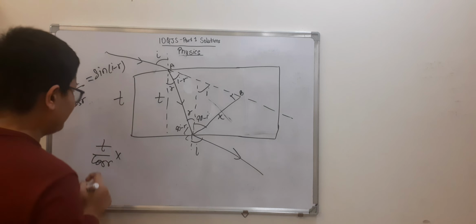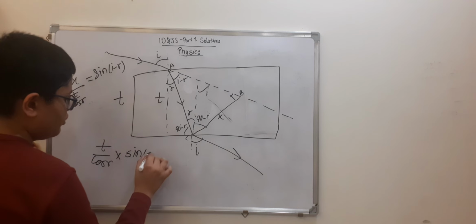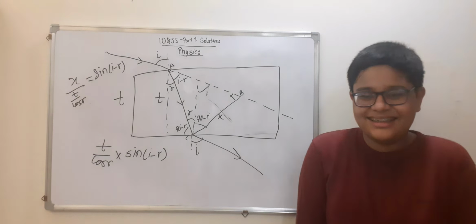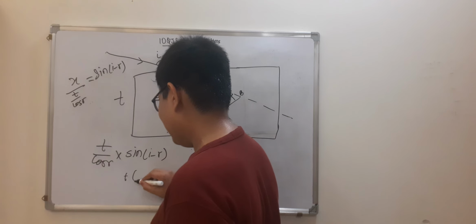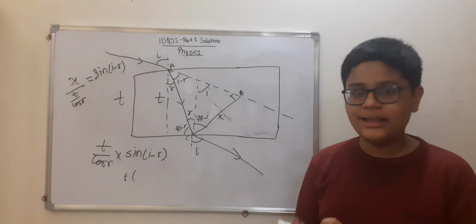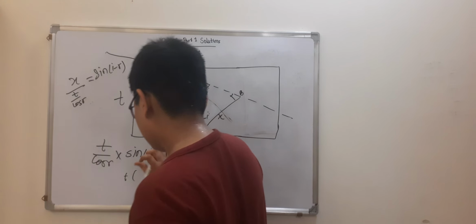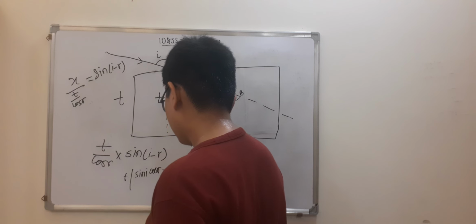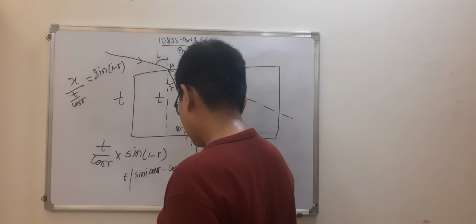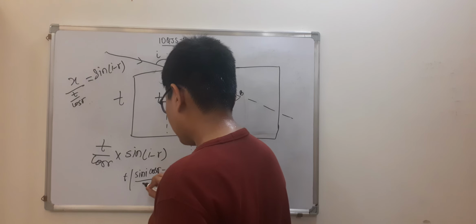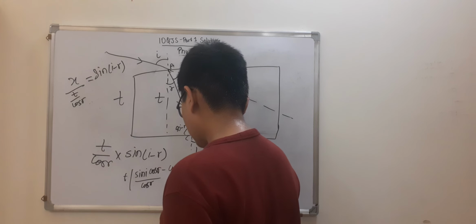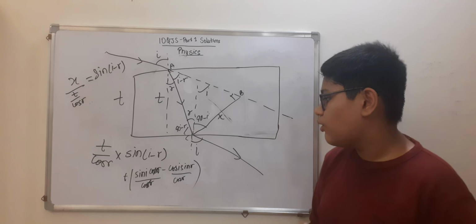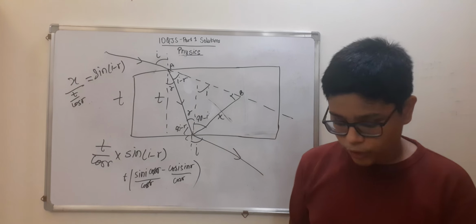This is a really nice question. So X is T sine I minus R by cos R, which is T into sine I cos R minus cos I sine R, the expansion, divided by cos R. You can cancel the cos R, and this is what they had given, T sine I minus cos I sine R by cos R. So option A is correct.